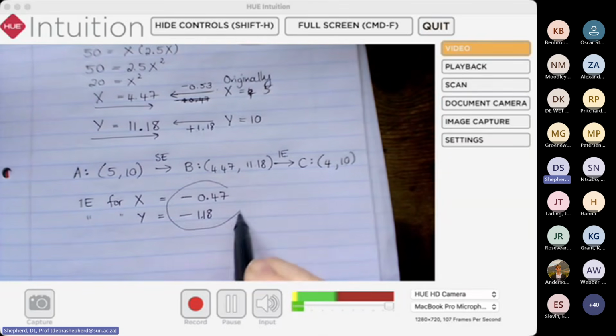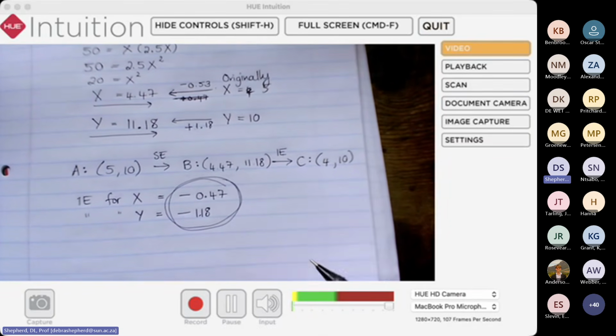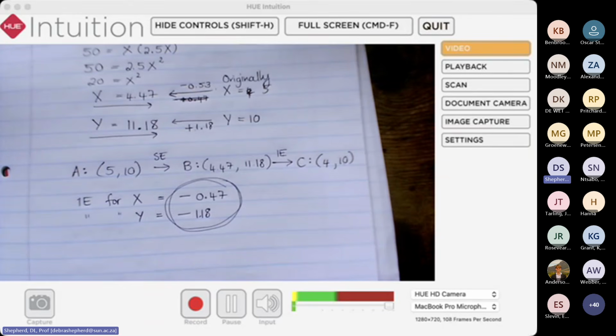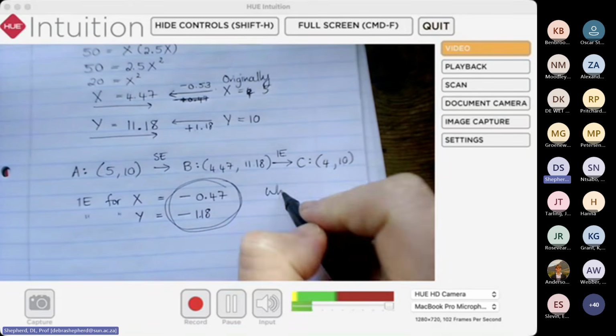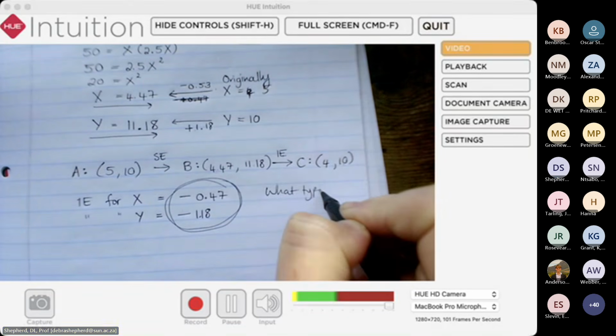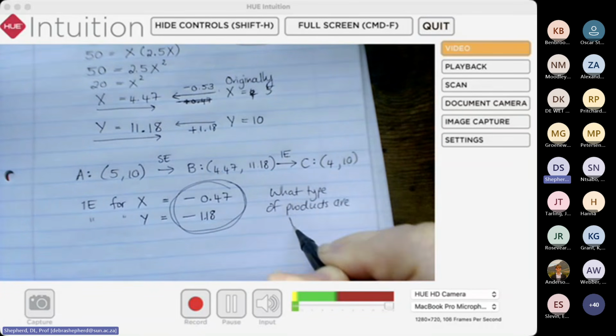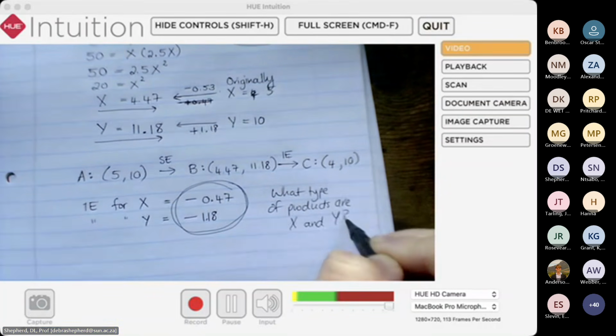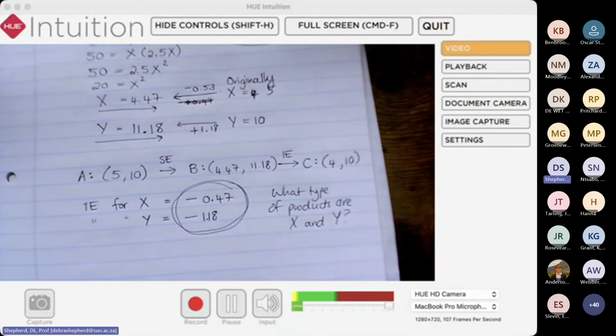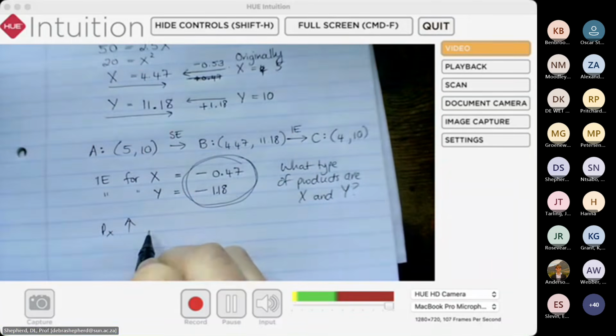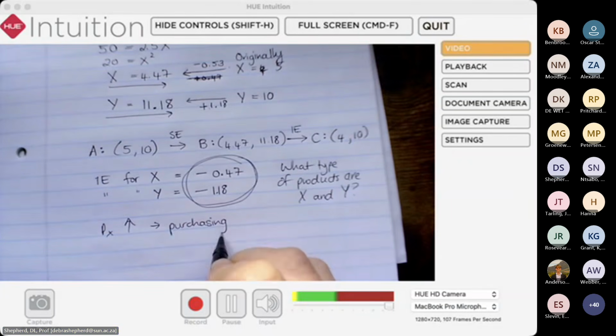Now, given these income effects and given the price change, what type of products are X and Y? In this example we have the price of X going up. If the price of X goes up, the consumer's purchasing power falls.